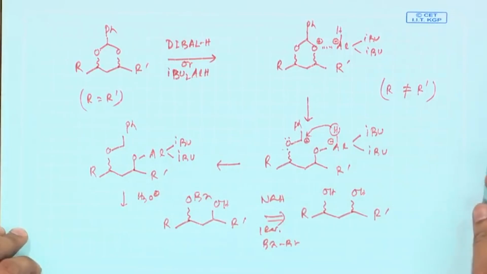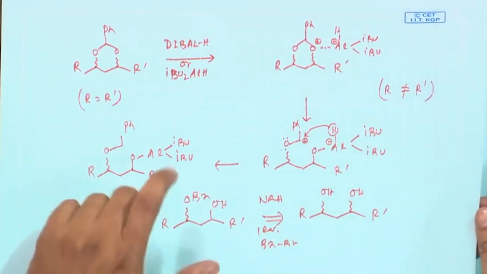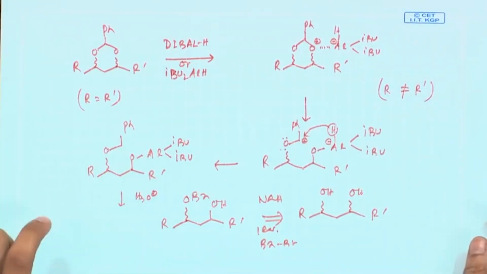You make the benzylidene acetal, and actually for this kind of 1,3-diol, when these are not symmetrically substituted, you can protect them with the help of the benzylidene acetal or the corresponding paramethoxybenzylidene acetal, and then cleave the acetals in the presence of a bulky hydride donor like DIBAL, and you get the unsymmetrical opening, the mechanism which you have just now shown here.